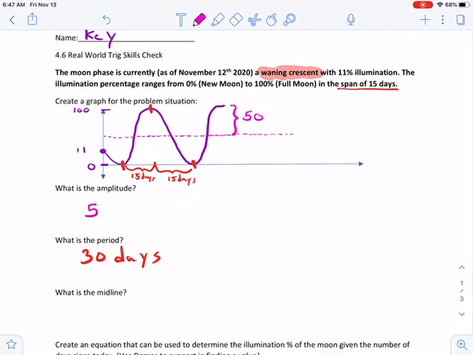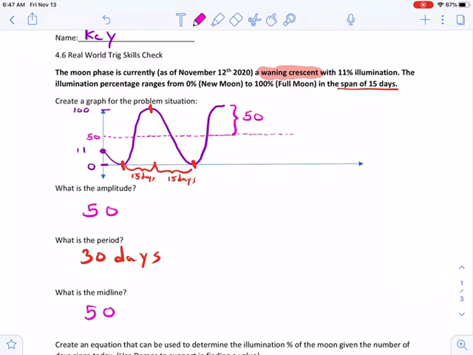So our amplitude is 50 and our midline is 50, because the midline is whatever that y-coordinate is. And then our amplitude ranges 50 plus or minus that midline. So this ends up being the information that I need. This is almost everything that we need to create our equation.